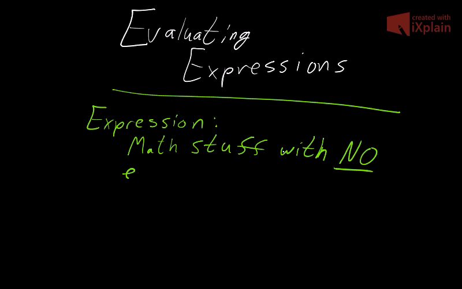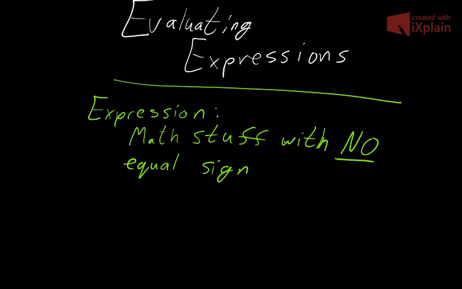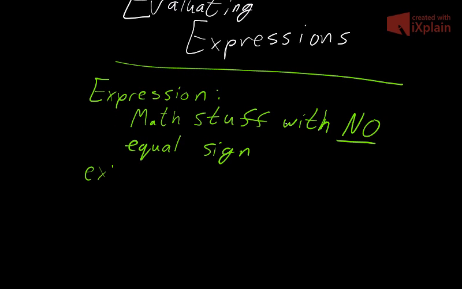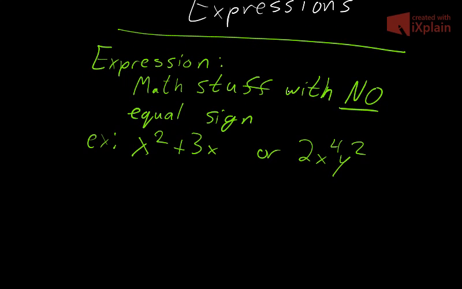So that's like, if I have quick examples, x squared plus 3x, or 2x to the fourth y squared. Both of those would be expressions because neither of them have an equal sign, and it's both a bunch of math stuff.